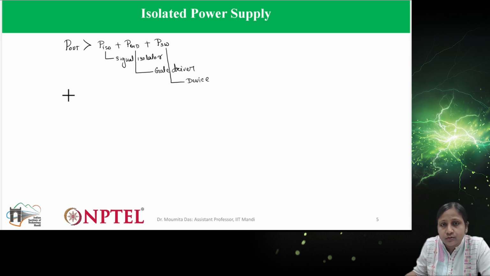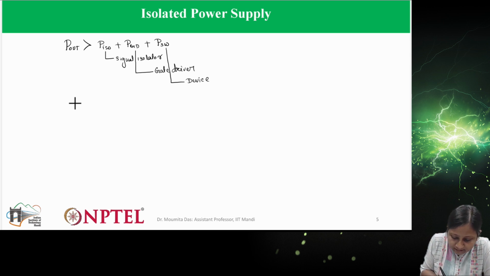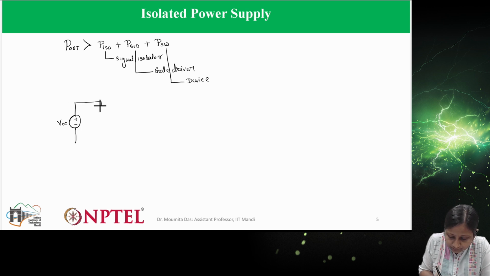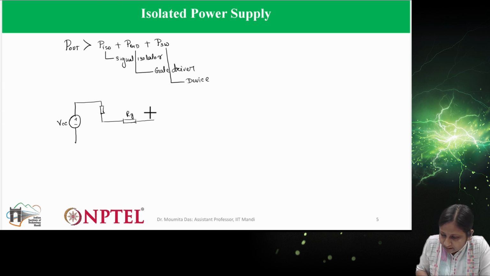Whenever any switch turns on or off, if I consider two different supplies, let's say VCC is the positive voltage. Generally for silicon carbide and GaN, we need two different power supplies. So when the switch is on, the current will flow through the gate resistance RG, and then go to the input capacitance of the switch, CISS.